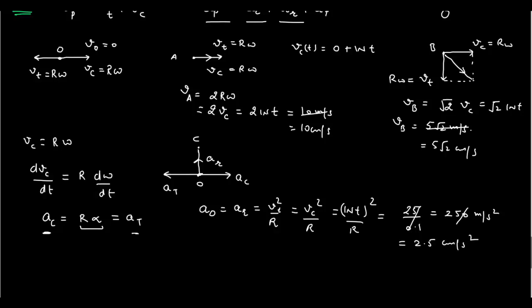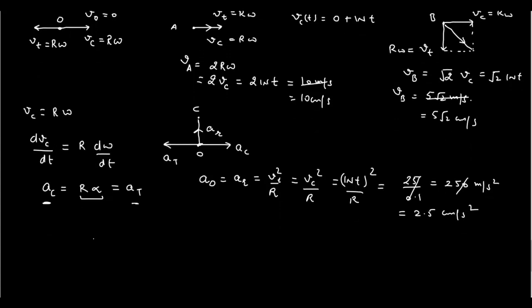Clear? Now for point A, the direction of the tangential acceleration and the direction of acceleration of the center of mass are both the same, and the direction of radial acceleration is this, and we have calculated that this AC and AT are both the same, and this AC is equal to W as given in the problem.